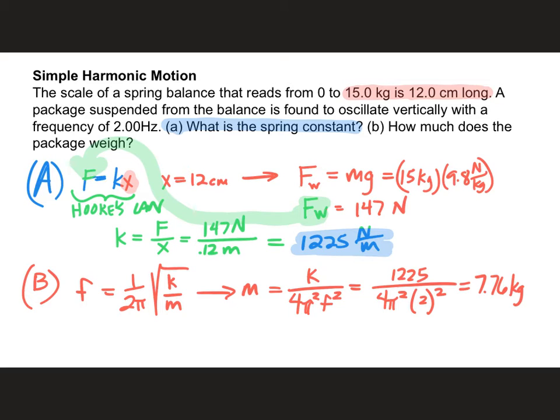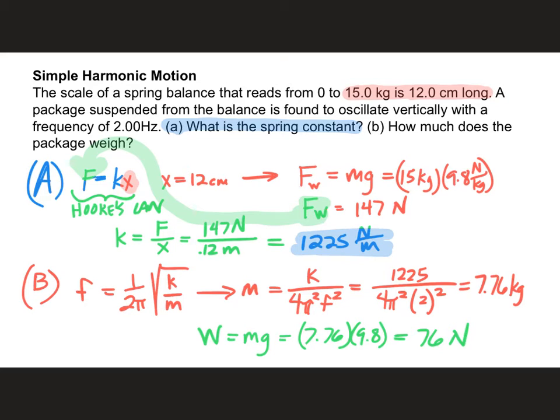Which means that I can then compute the weight. So 7.76 times 9.8 and you get a 76 Newton weight for whatever this package was.